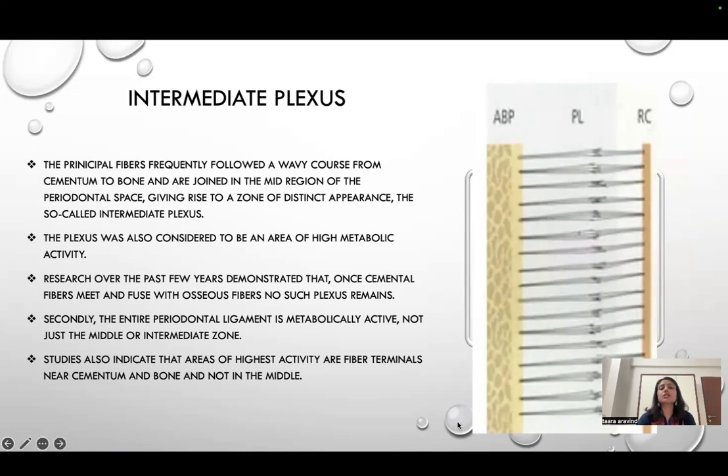But research over the past few years demonstrated that once cemental fibers meet and fuse with the osseous fibers, no such plexus remains. Secondly, the entire periodontal ligament is metabolically active and not just the middle or intermediate zone. Studies also indicate that areas of highest activity are fiber terminals near cementum and bone and not in the middle. So the latest concept is that the intermediate plexus is just artifactual.